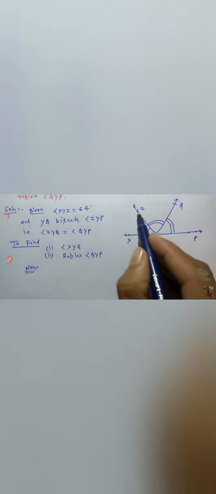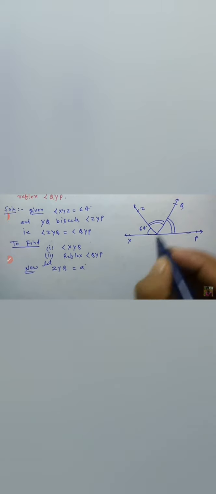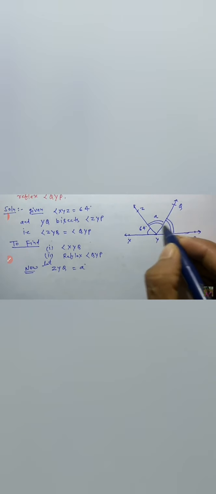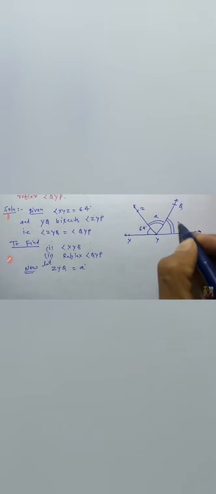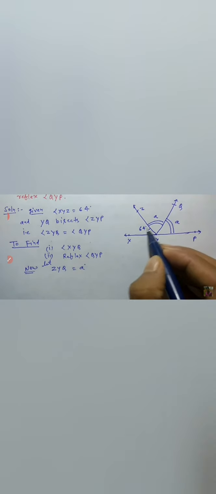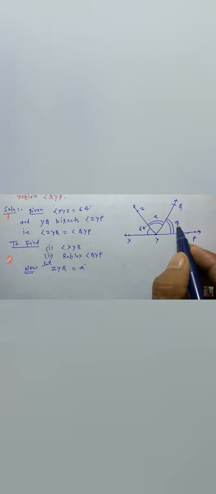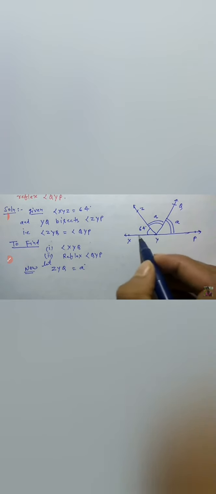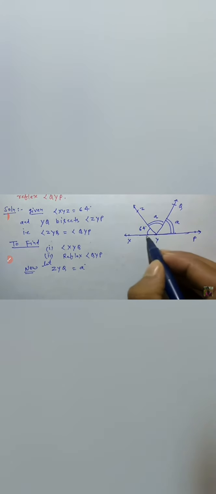Okay, so to find angle XYQ and reflex of angle QYP, first let angle ZYQ be equal to A, and the second one is also A, because YQ is the bisector of this angle.